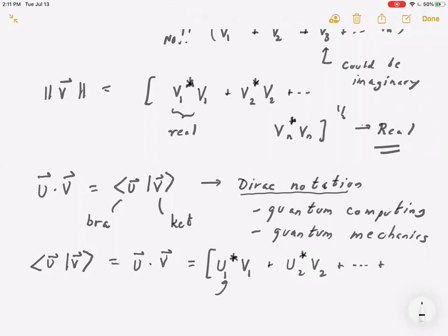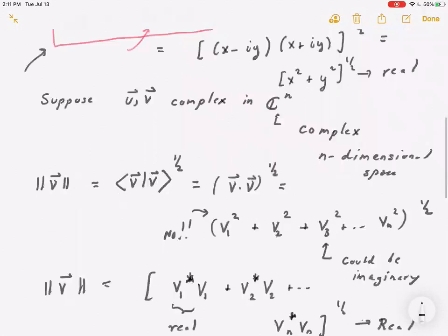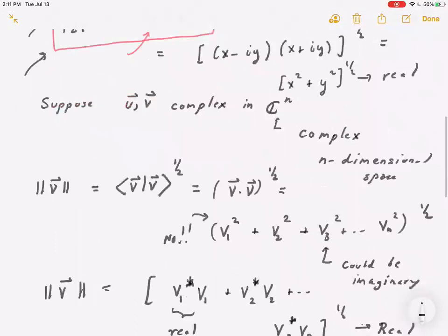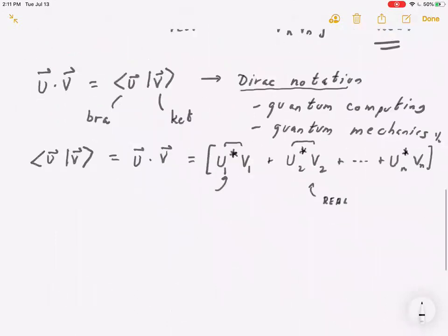And we go all the way up to n, where n is the dimension of the vector. And our result is going to be real because each one of these terms is real using this idea. And then the final result is going to be real.